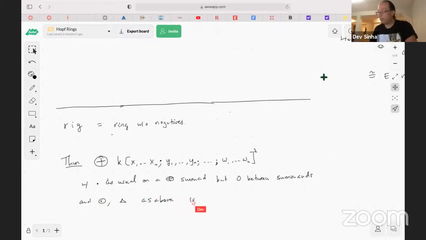This is the free divided powers Hopf ring generated by the simplest classes you can think of, namely x1, if n equals 1, that's a symmetric polynomial in 1 variable, or y1, or up through omega 1.